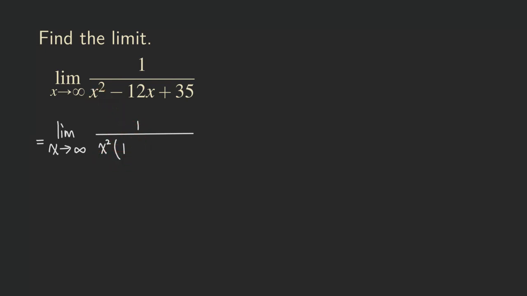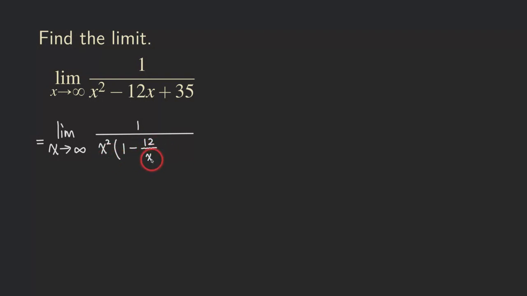And then we have minus. Now if you pull out the x squared here, you have to figure out something that, when multiplied by x squared, gives you this negative 12x. We get a negative 12 over x. How do we get that?